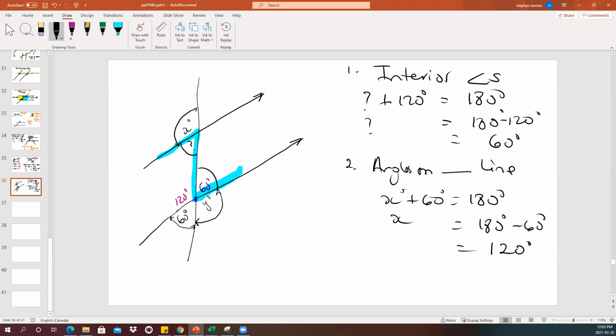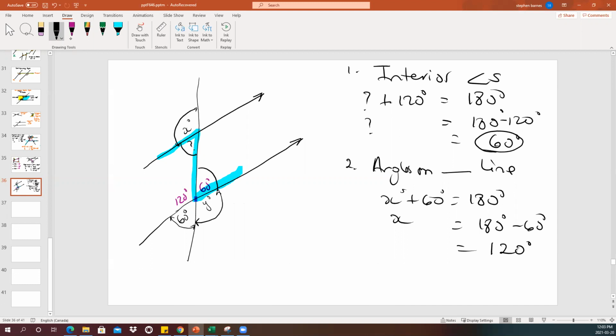They are Z angles, and so they're equal, and so it's equal to 60 degree. Bear in mind that it's the same 60 degree that you got when you worked with the interior angle way. So the answer is correct. It's just that you don't have as much working out to do.